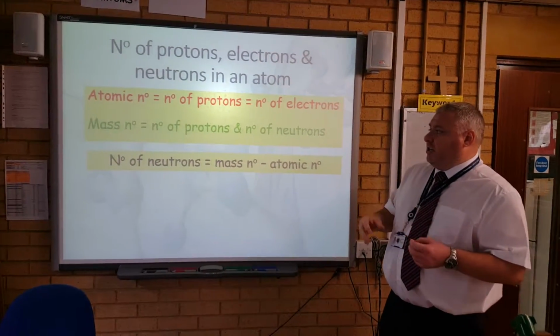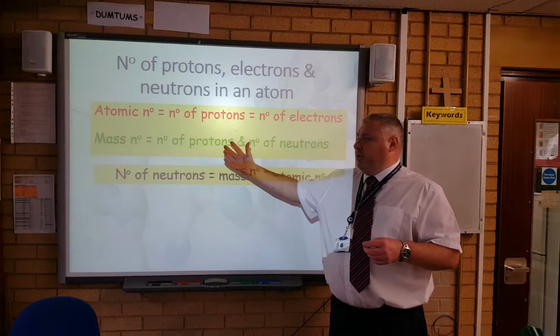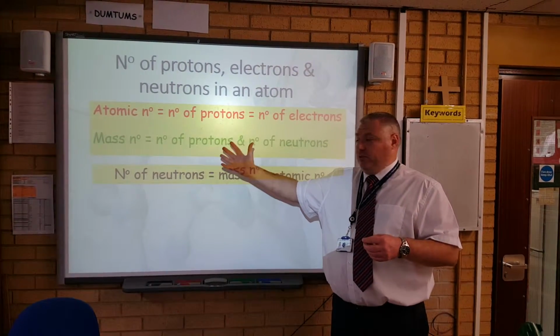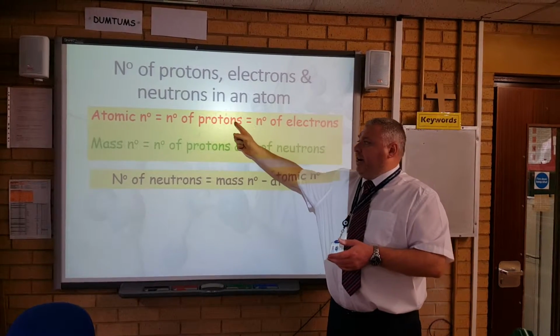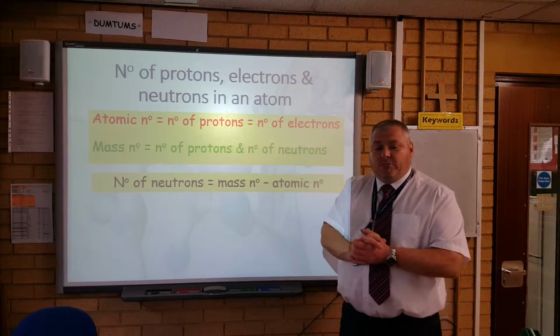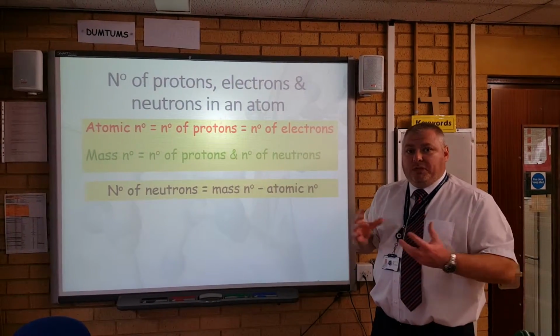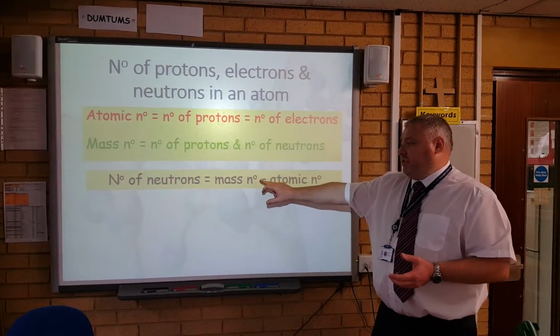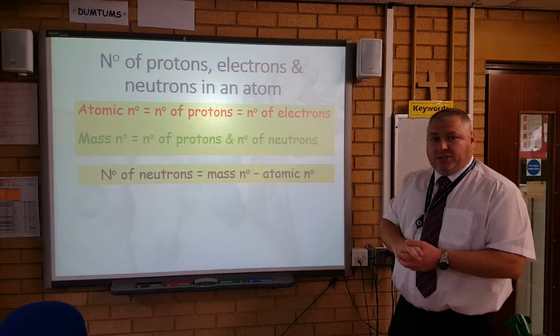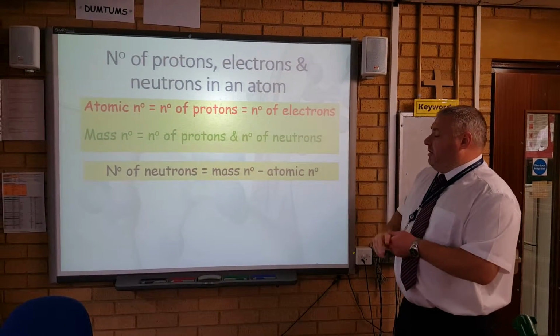That's because if we know how many protons and neutrons there are in the nucleus, and we know how many of them are protons, the remainder must be neutrons. So to work out the number of neutrons, we take the mass number and subtract the atomic number. Let's work through an example on this.